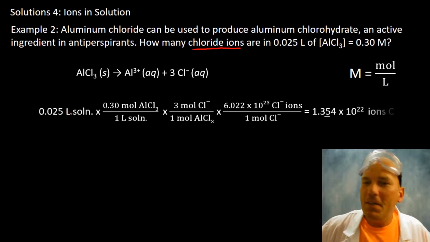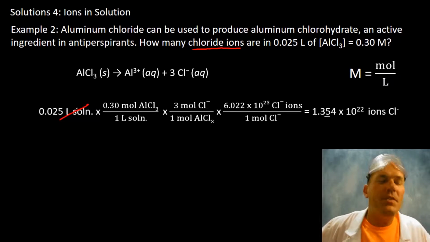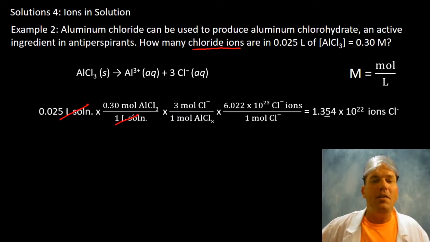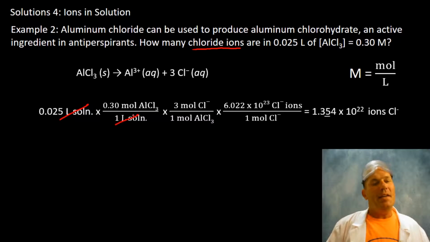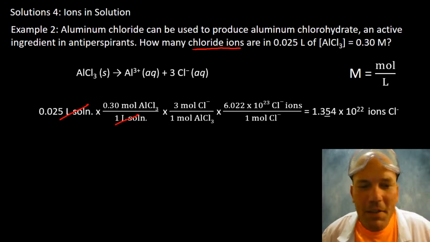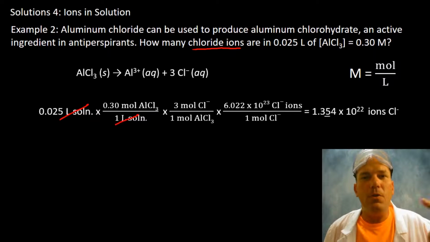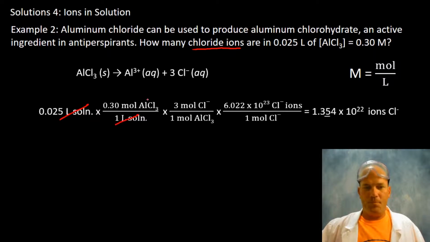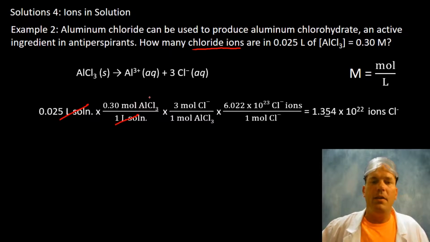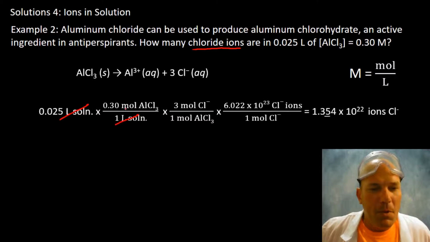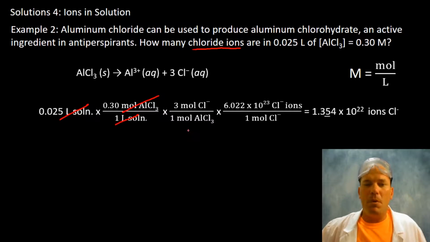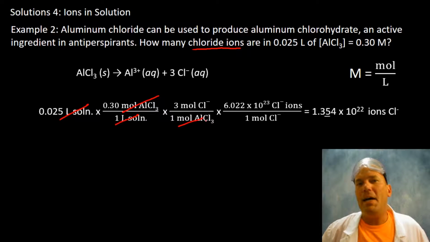If we use liters, then we have liters of solution. And the connection here for your factor labeling is, in 1 liter of solution, there are 0.3 moles of the aluminum chloride, okay? And moles of aluminum chloride on top, moles of aluminum chloride on bottom.